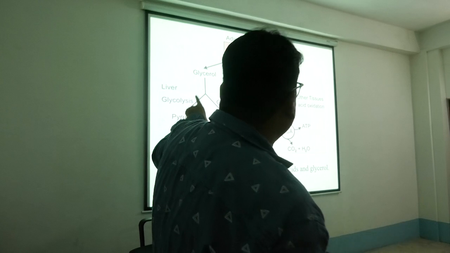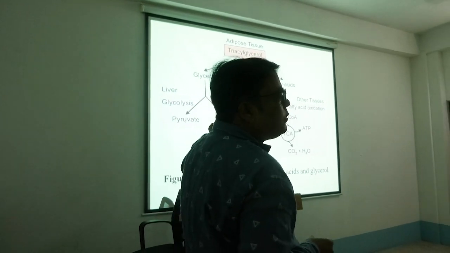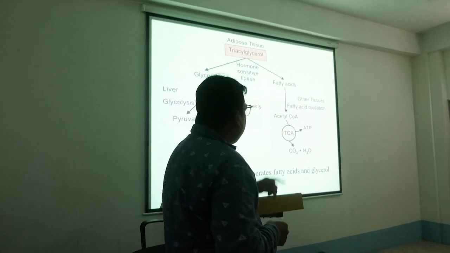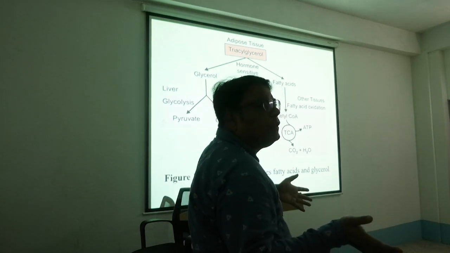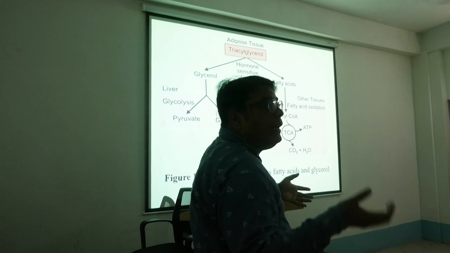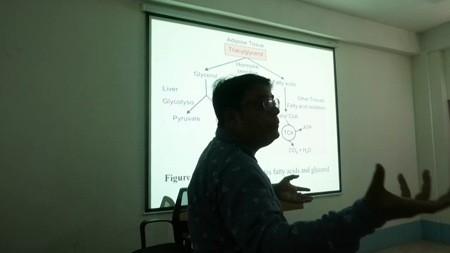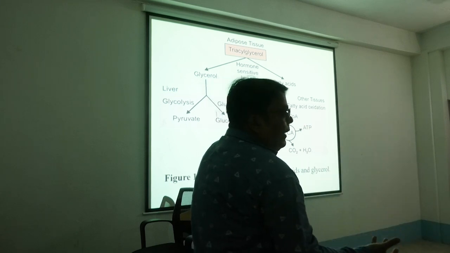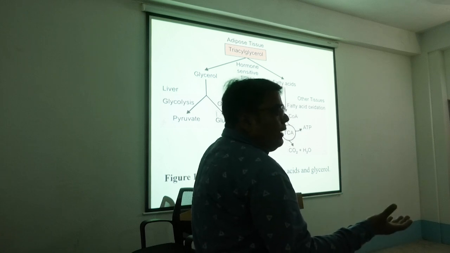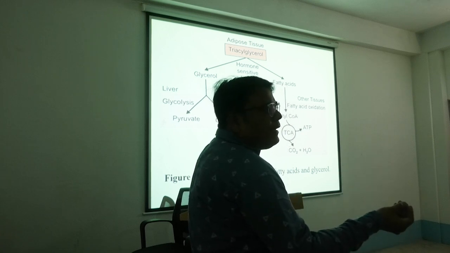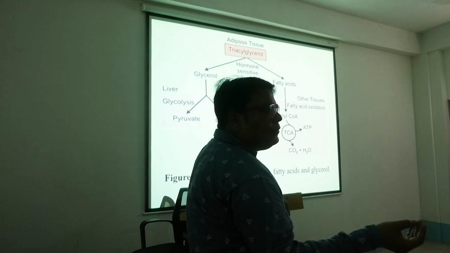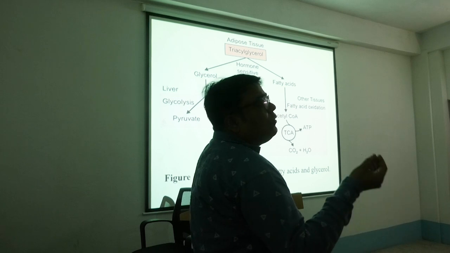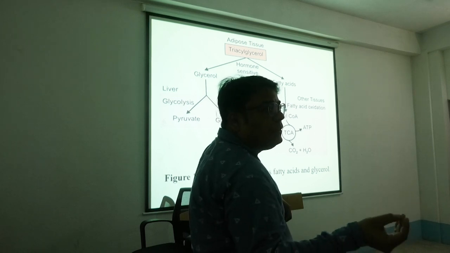This glycerol is utilized again in the glycolysis process for the production of pyruvate, and in gluconeogenesis. You already know the meaning of gluconeogenesis? Formation of a new molecule from non-carbohydrate moiety. Substrates are, for example, lactate and gluconeogenic amino acids.